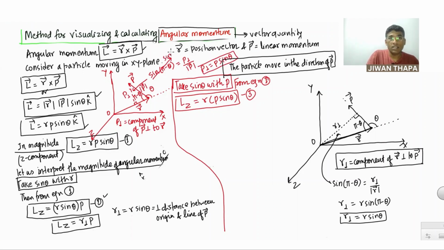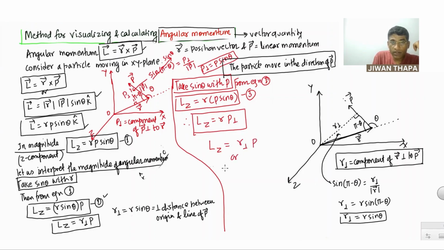Therefore from equation 3 we can write Lz equals r times P perpendicular. So the z component of angular momentum is given by r perpendicular P, or we can write Lz equals r times P perpendicular. This is to be noted.